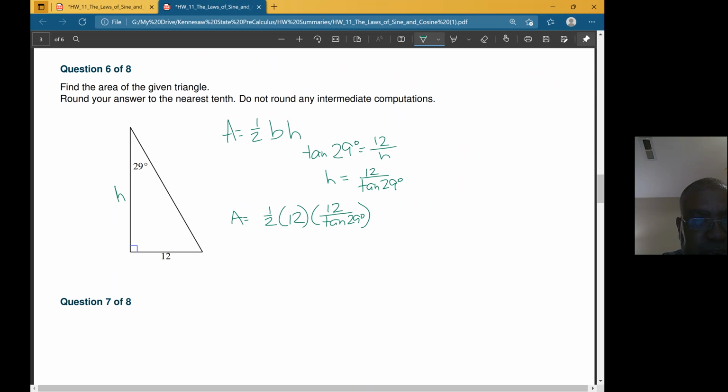There are no extra steps. Tangent of 29. Boom. And I get, rounded to the nearest tenth, area is equal to 129.9, whatever the units are. Units squared, because area.